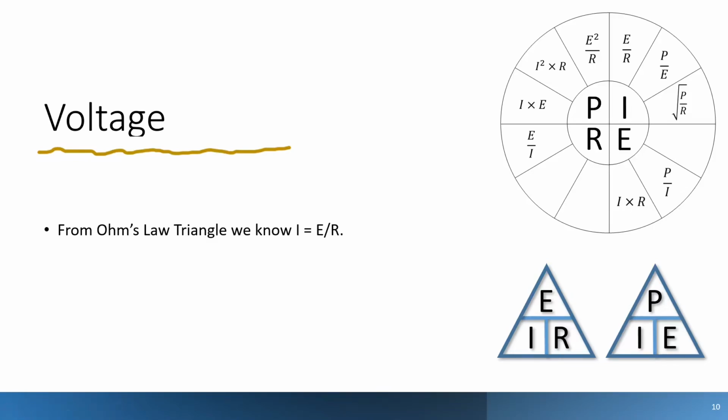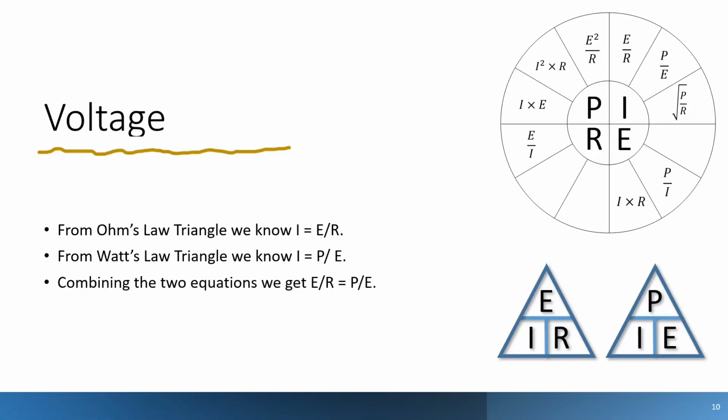We know from the Ohm's law triangle that I equals E divided by R. And we know from the Watt's law triangle that I equals P divided by E. Okay, so I'm using these 2 right up here. Since they're both equations equal to I, we can set them equal to one another. Now this goes back to our math functions primer at the beginning of the semester.